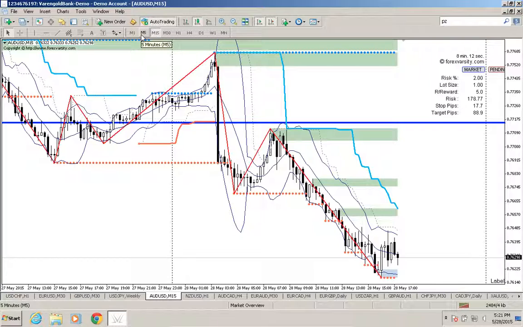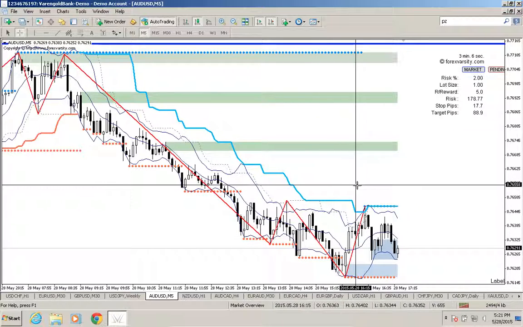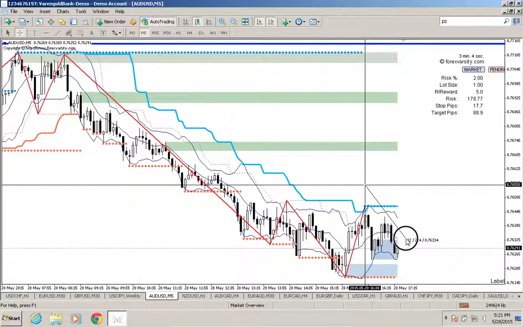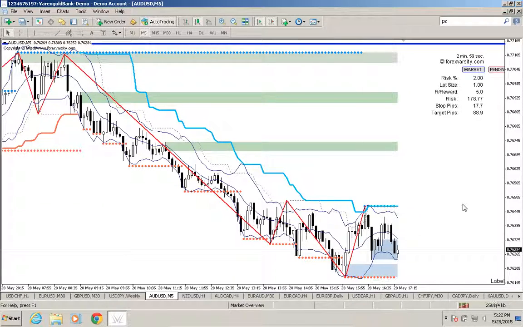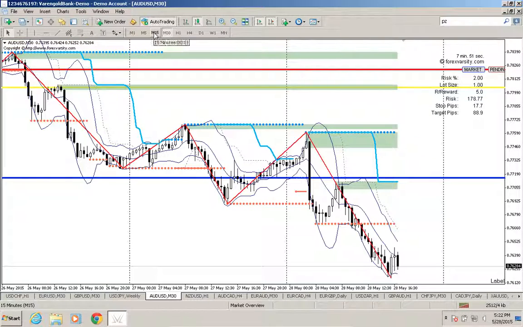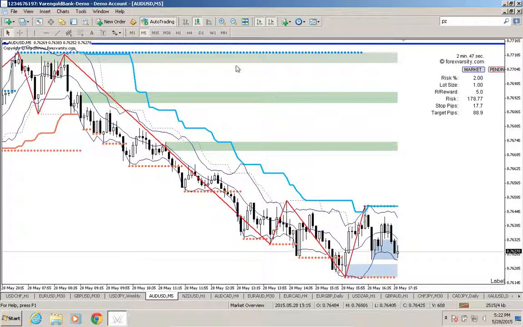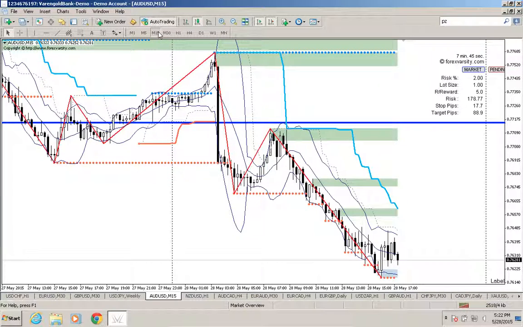Then if you go down to 5 minutes, you'll see price has not made a high or low in 10 candles. So price has moved 10 candles but has not formed a new high or a new low. We can clearly see that trend is down on half an hour, 15 minutes and 5 minutes. We know price needs to make a new low.